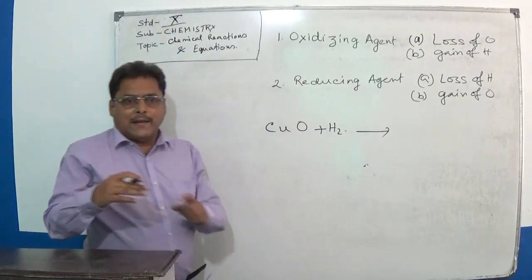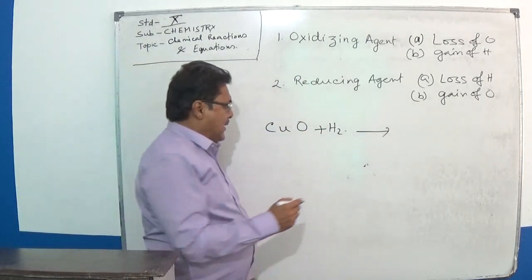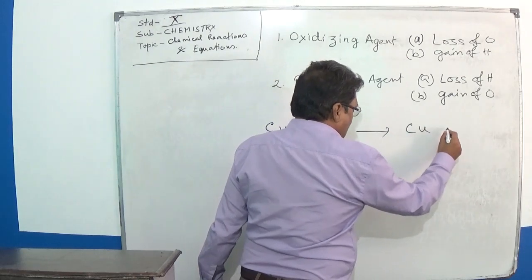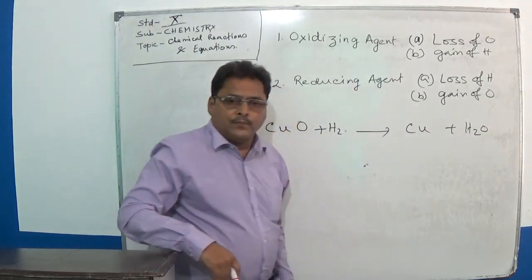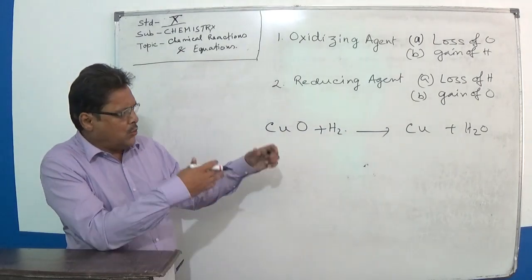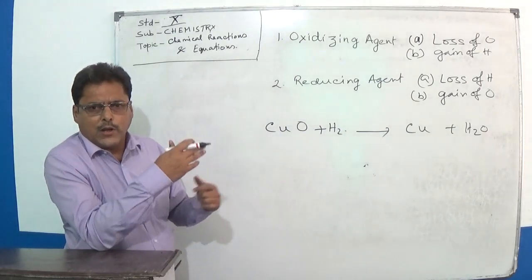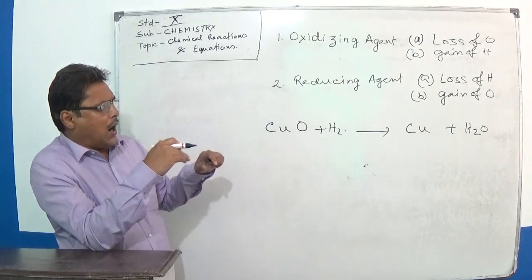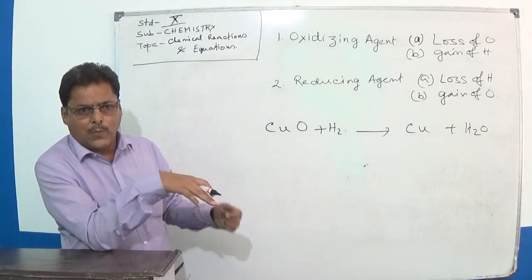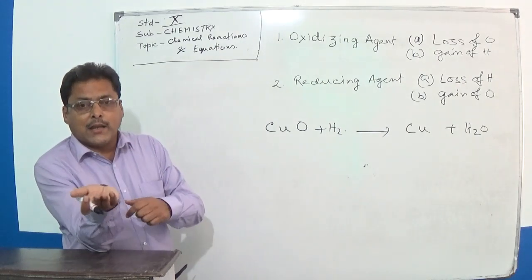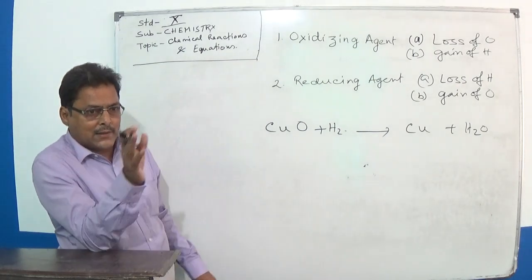What will happen is that it will separate into copper and H2O. I am not going through the detailed equation, I am just showing how a redox happens in terms of which is the reducing agent and which is the oxidizing agent.